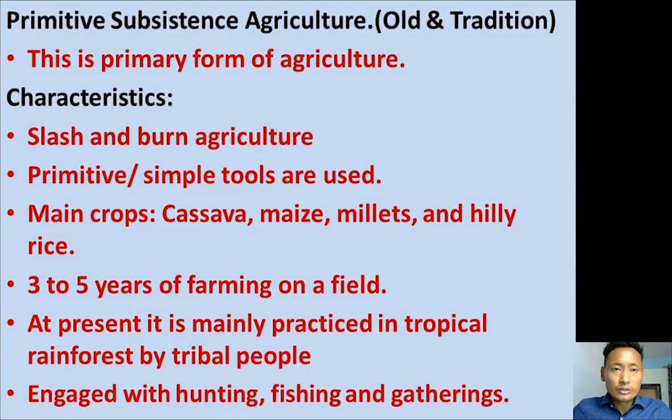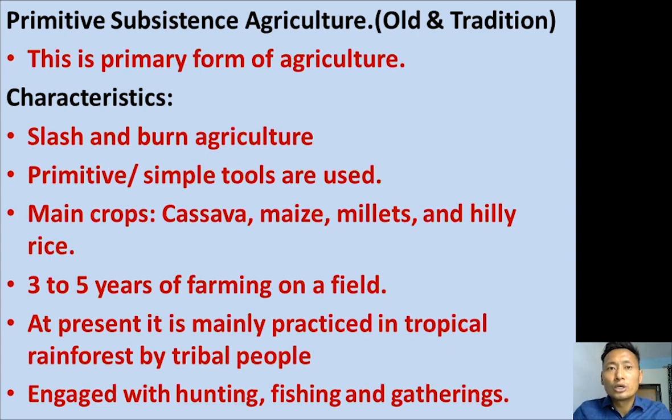The first type of subsistence agriculture that we are going to learn is primitive subsistence agriculture. What is meant by primitive subsistence agriculture? It is the old, traditional, or primitive way of cultivation of crops that is mainly for self-consumption.